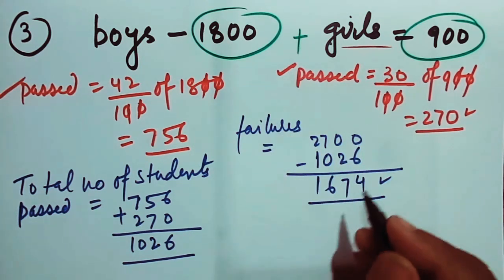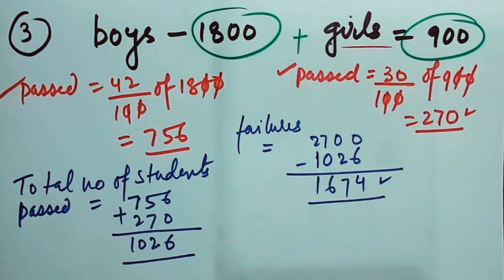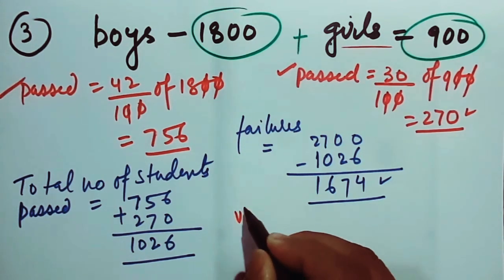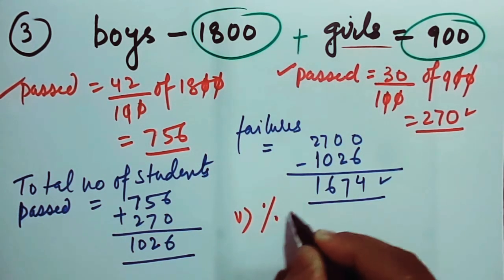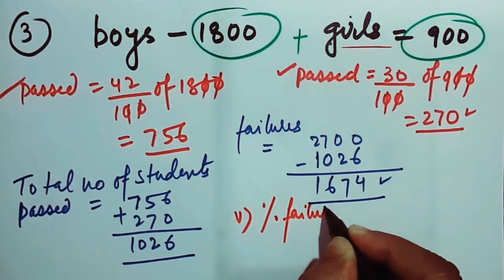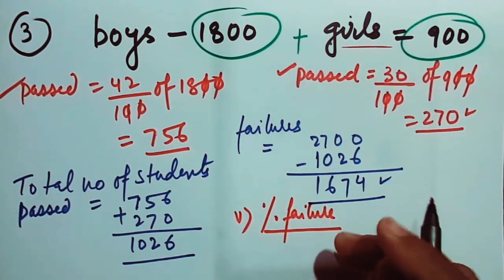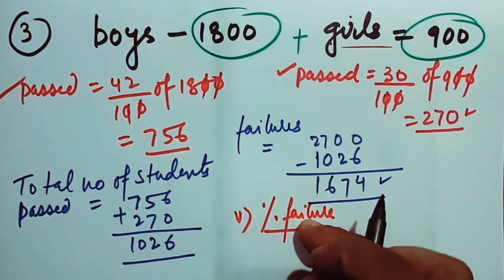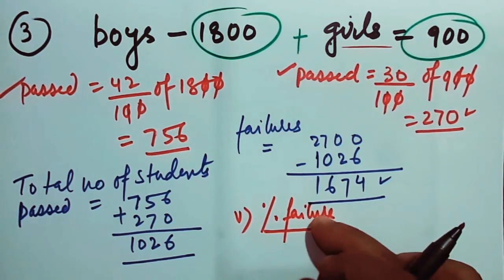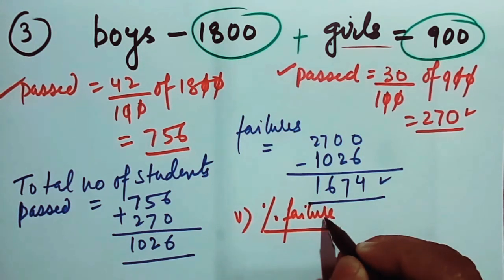Now, what are they asking you? The last one, which is very important, is percentage failure. You have already been taught that percentage failure means this percentage should be found out on the original value.